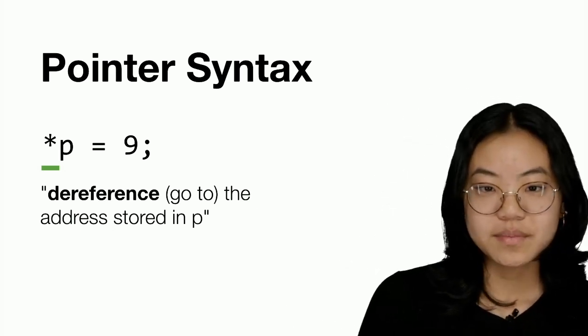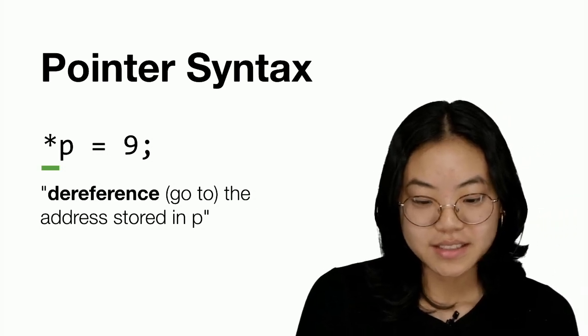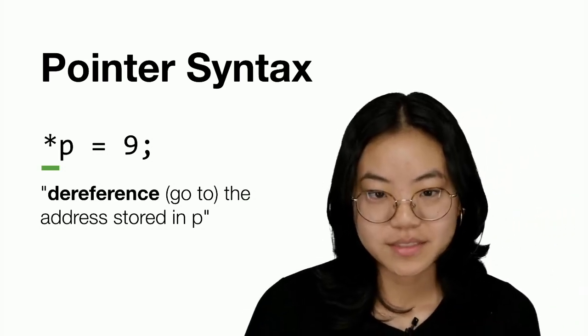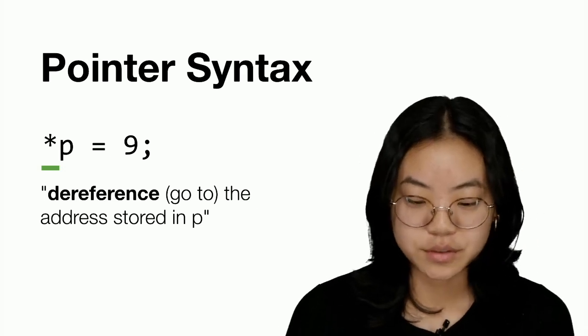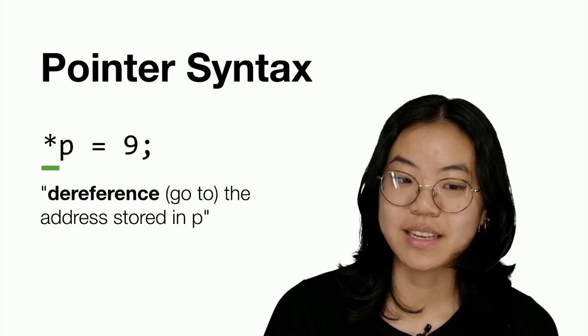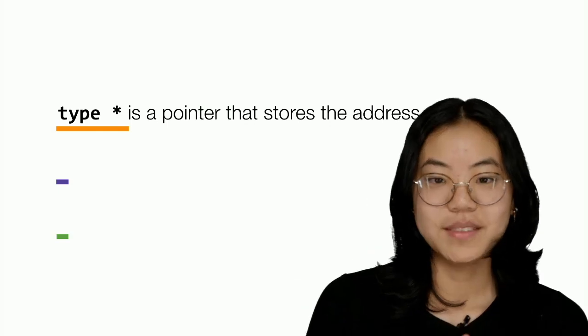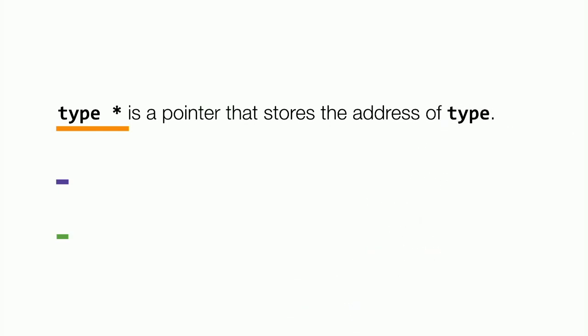Again, this star here is what we call dereferencing: go to the address that is stored in p. As a summary, type star is a pointer that stores the address of type.